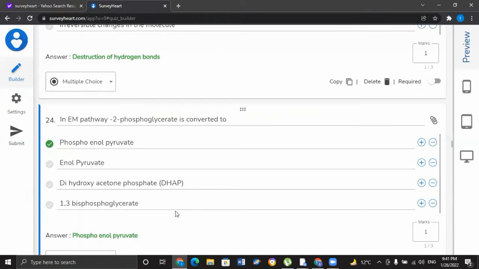In glycolysis, 2-phosphoglycerate is converted into phosphoenol pyruvate, which in turn is converted into pyruvate. This conversion occurs in the presence of enolase along with magnesium as an ion. So the correct option for MCQ 24 is A, phosphoenol pyruvate.